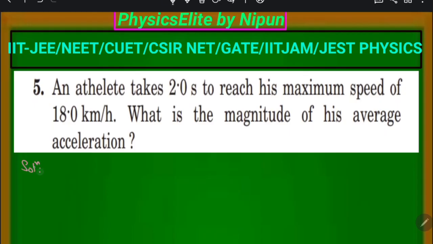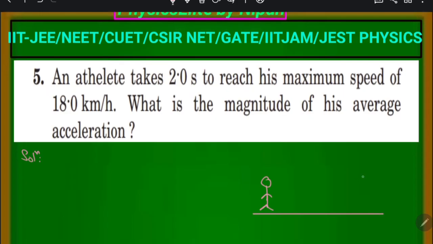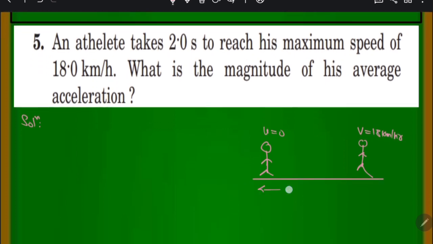That is the fifth question. An athlete takes 2 seconds to reach his maximum speed. It means the athlete's initial speed is 0. They start to move and their final velocity becomes the maximum speed, which is 18 kilometer per hour, and it takes T equal to 2 seconds.